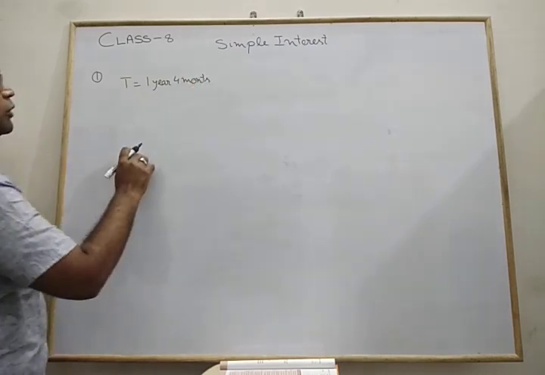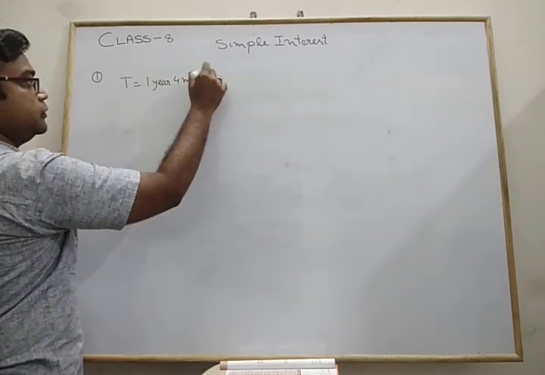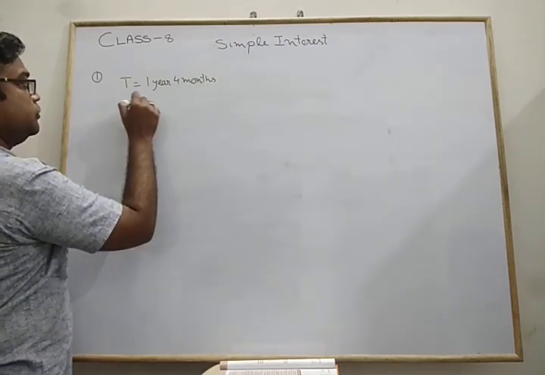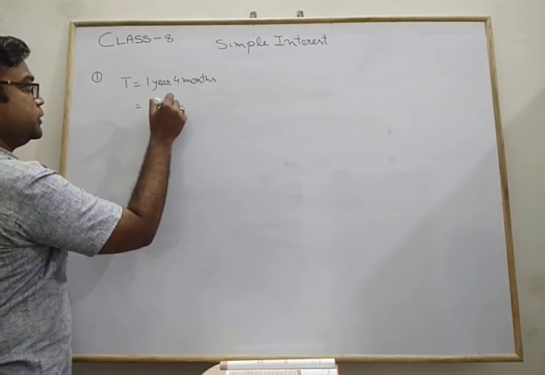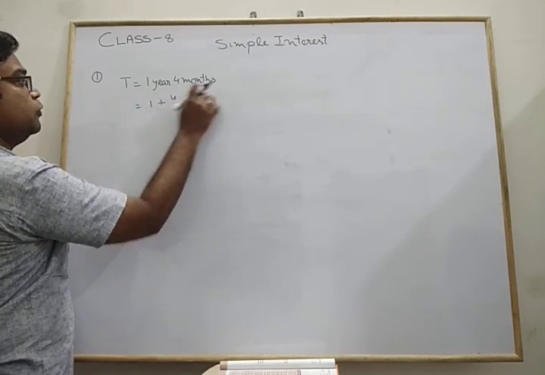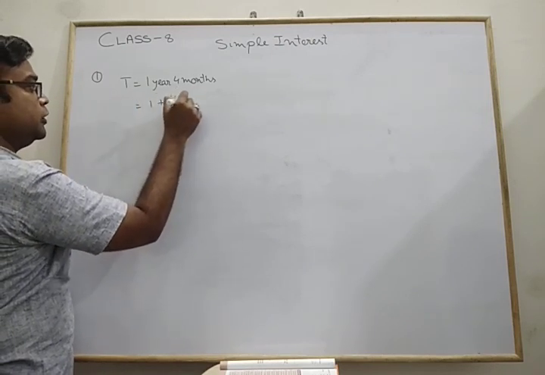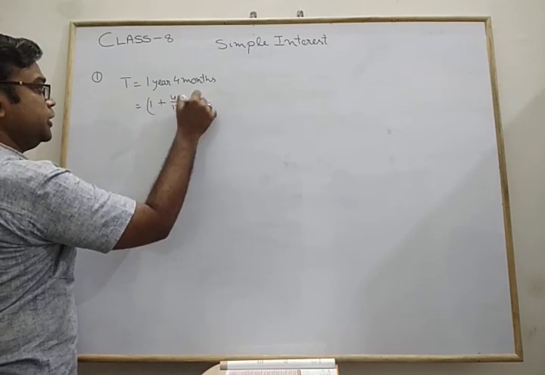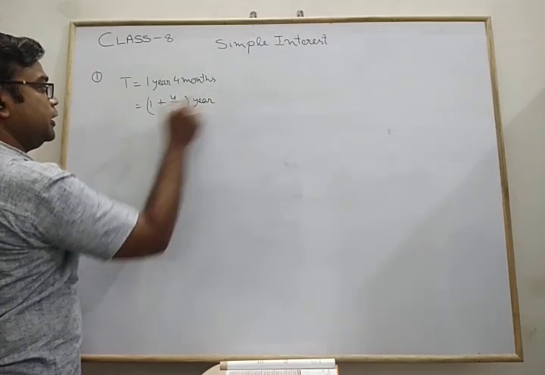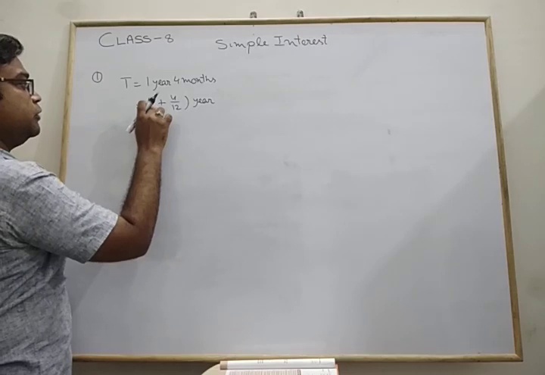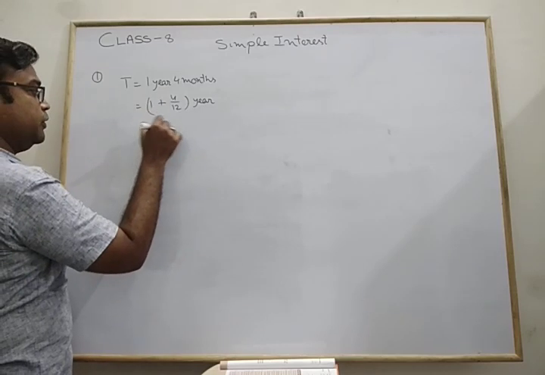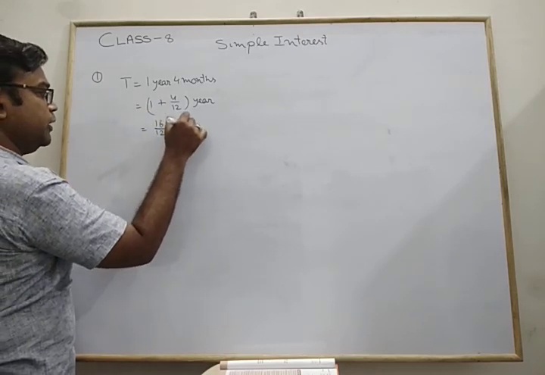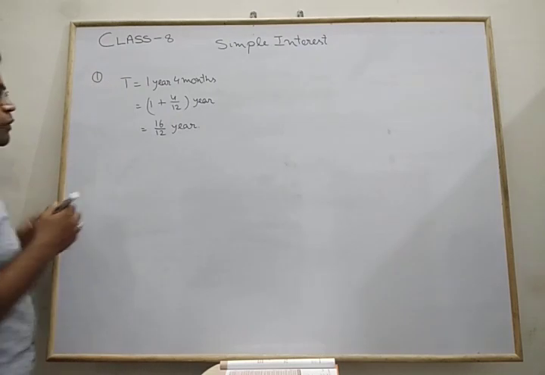This time is not a complete year, so you write 1 plus, converting 4 months into years. Ultimately we have 12 plus 4, 16 upon 12 years. Leave it as it is; it is solved later.